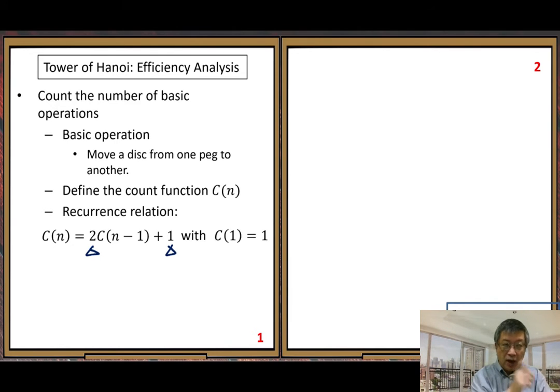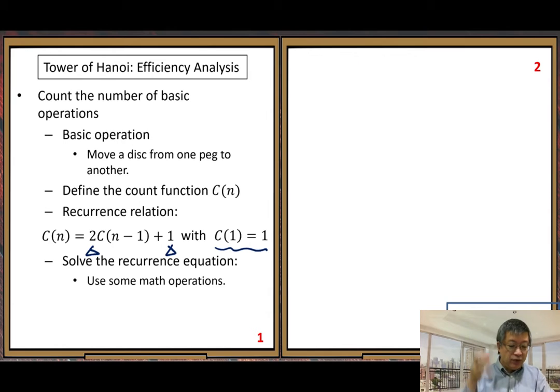All right. We need an initial condition. When we have a recurrence relation, we need an initial condition. That's simple. When you move one disk, only one move. One disk problem, one move. All right, to solve the recurrence relation, we need to use some math operations.